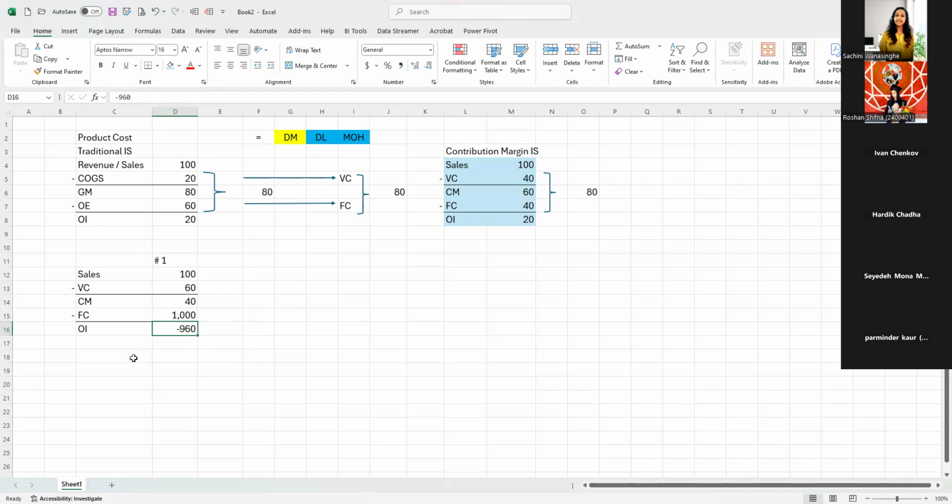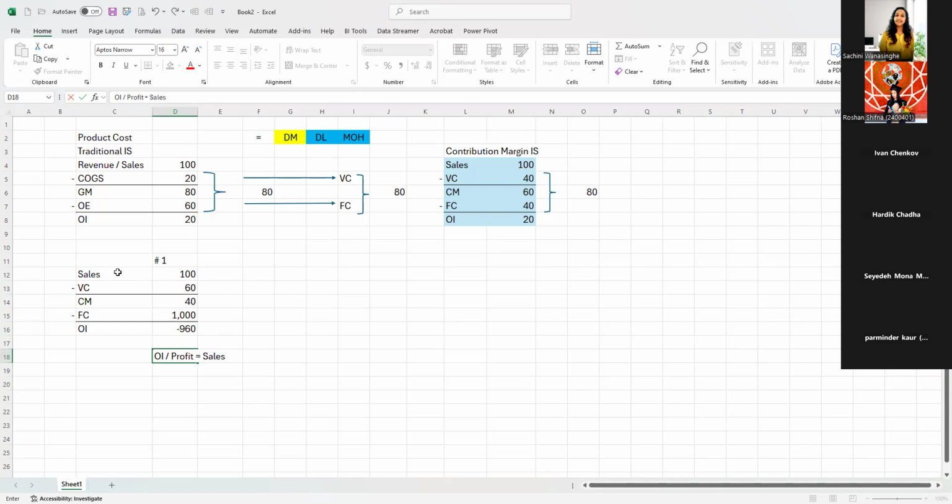So what we can see from here is that operating income, or the profit, is equal to what? How can I get the profit? What do I need in the beginning? Contribution margin? Yes, I need contribution margin, but before that, what do I need? Sales.